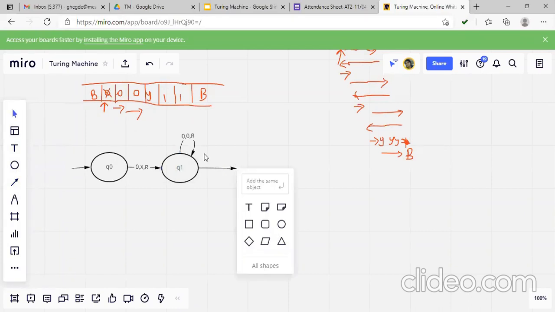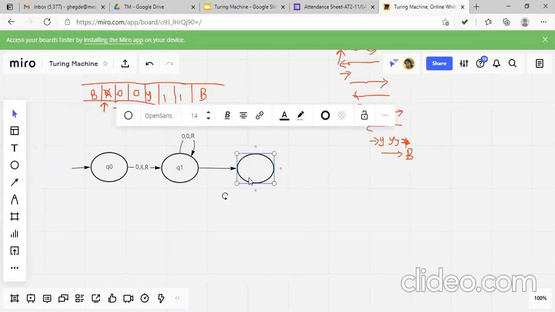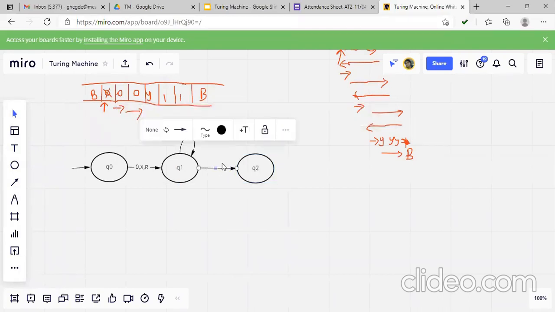Hai na? So that has to be represented now. What will we have here? If you read a 1, convert it to y and move. Where are we moving after making this into y, whether right, left, or no? Yes, it is left. We are moving left.